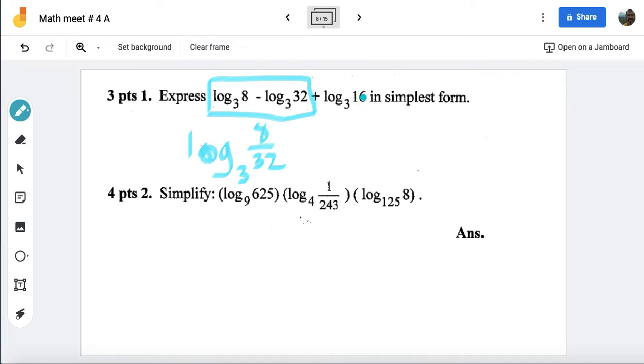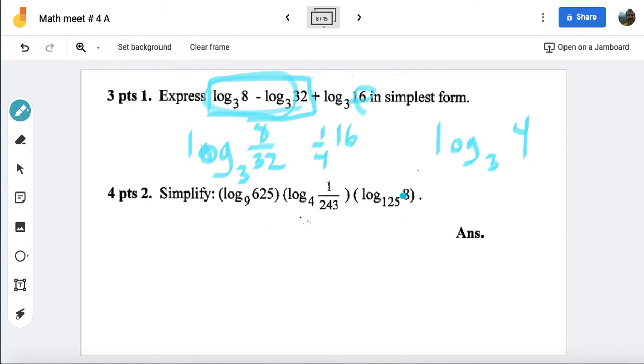Log base 3 of 16, which means I'm going to multiply. So, 8 over 32 is 1/4, and then 1/4 times 16 is 4. So this is the same as log base 3 of 4, because I had to divide those, and then I multiplied it times 16.